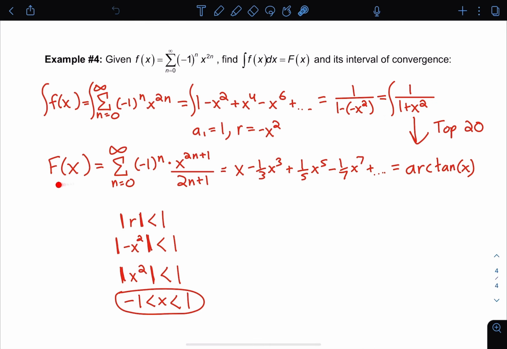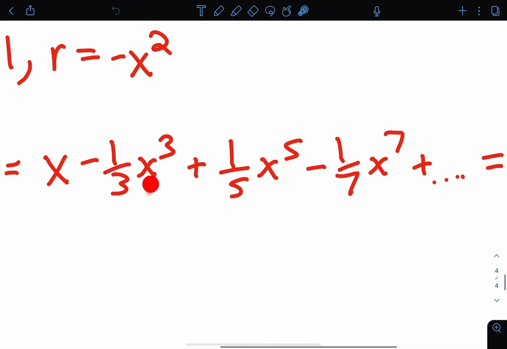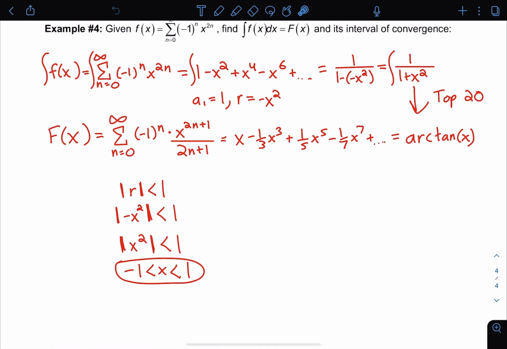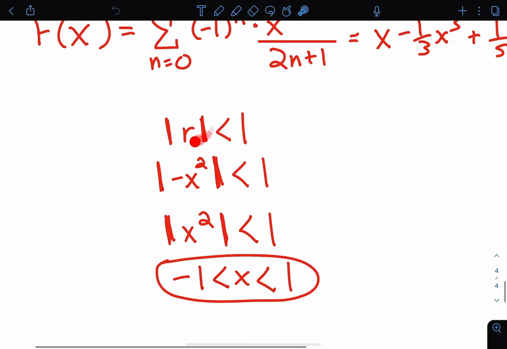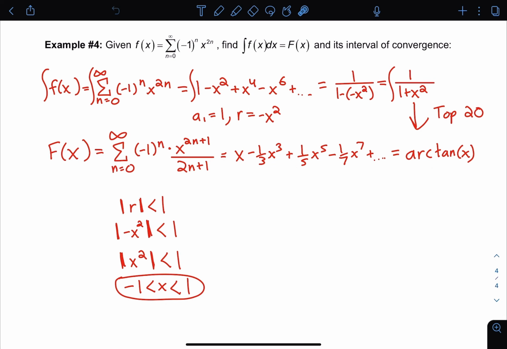And even for big f of x, we're just multiplying x squareds every time. Yes, the signs are alternating, but that doesn't affect our radius, or excuse me, not radius, our common ratio. And so it doesn't affect our interval of convergence either. Okay? All right, so that's it for these notes, and I'll see you next time.